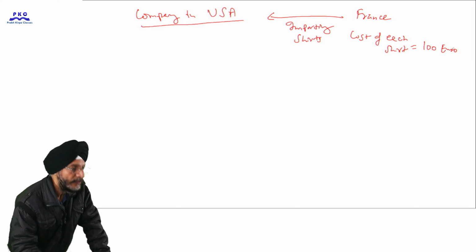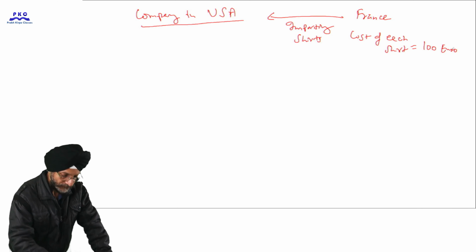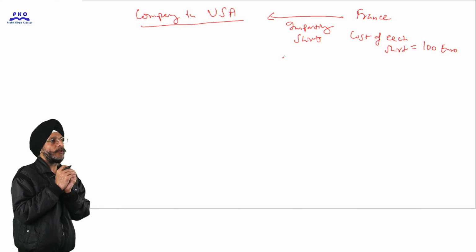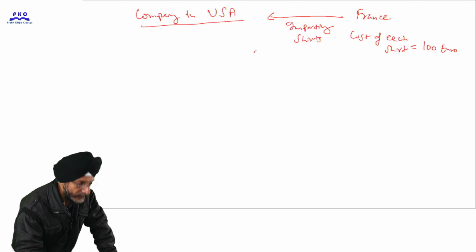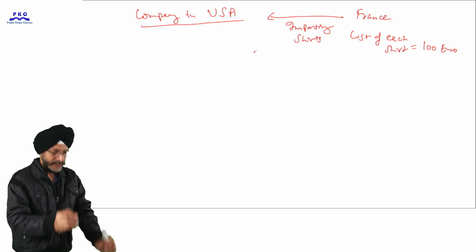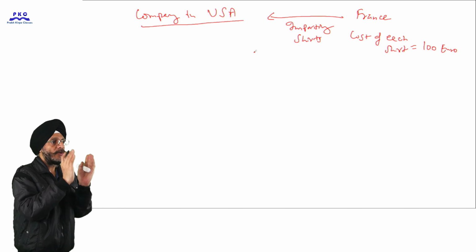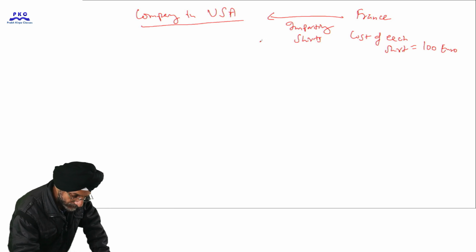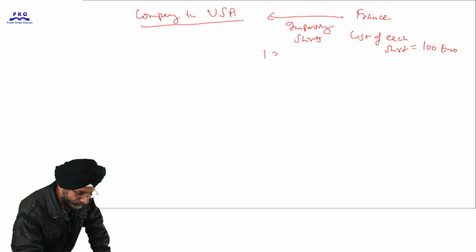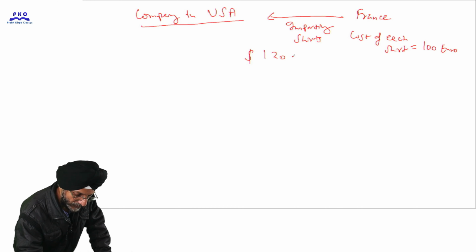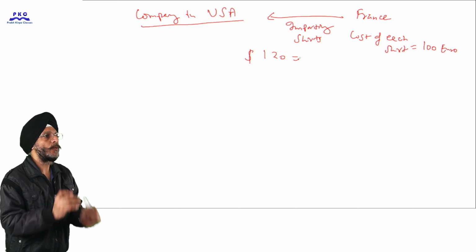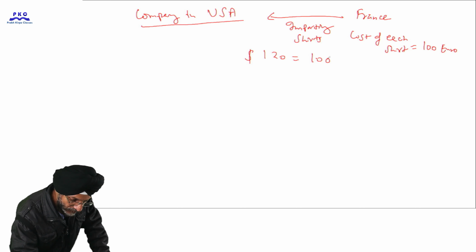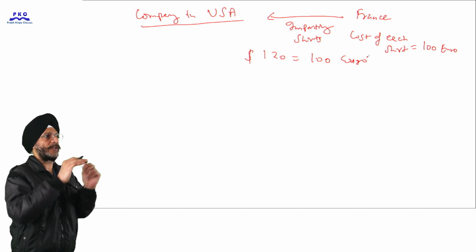Now we also assume that when we are importing shirts, the exchange rate between US dollar and euro is 120 US dollars equal to 100 euro. It is when we are importing.